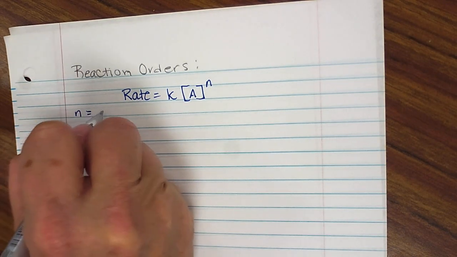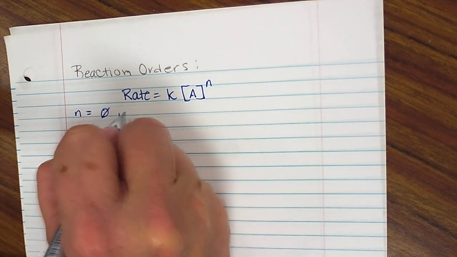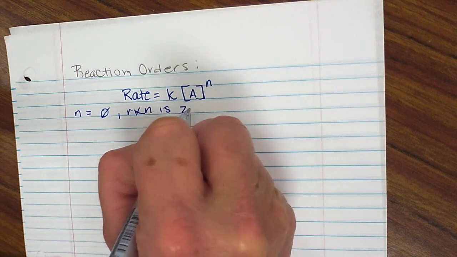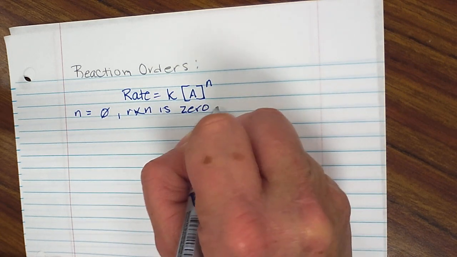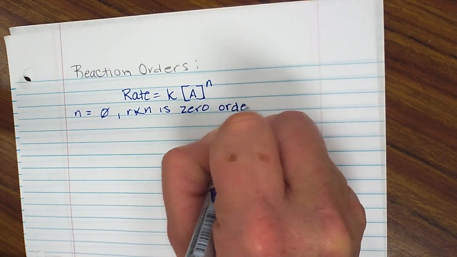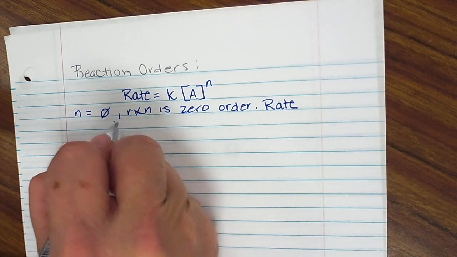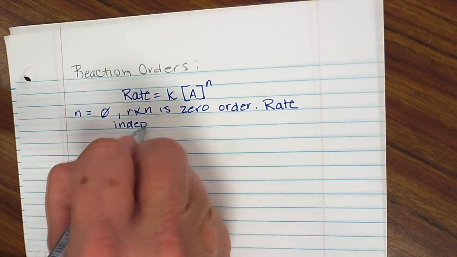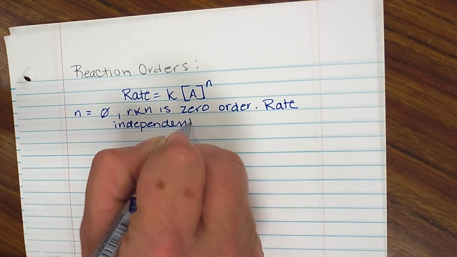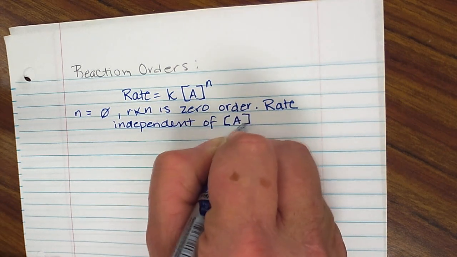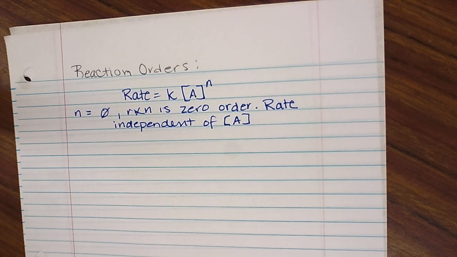If n is equal to 0, then the reaction is 0 order. I'm kind of summing this up because I have been sort of confusing about it. The rate in a 0 order reaction is independent of the concentration of A. What this means is I can raise and lower the concentration of A, and it will not change the rate of the reaction.